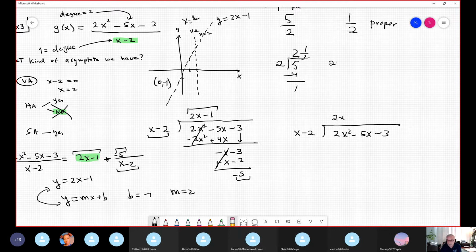Because 2x times x is 2x squared. I need to find one expression that can multiply by the first term to give me exactly the first term of the polynomial inside the box. So you multiply this and multiply this, one by one. 2x times x is 2x squared.